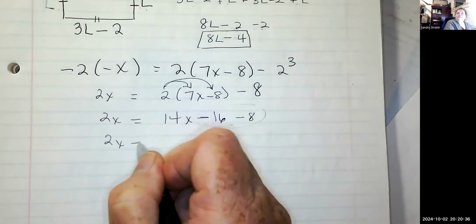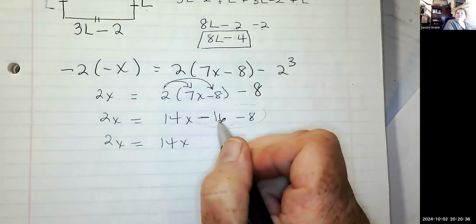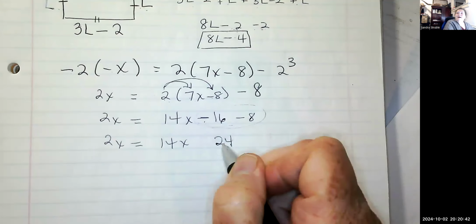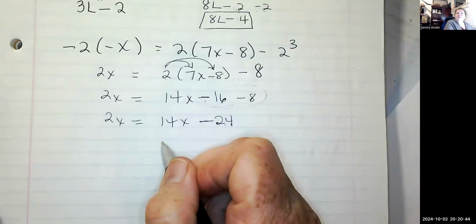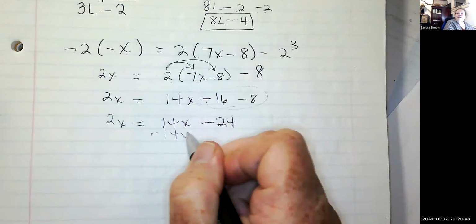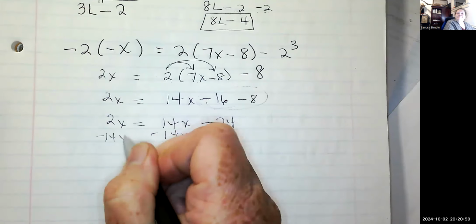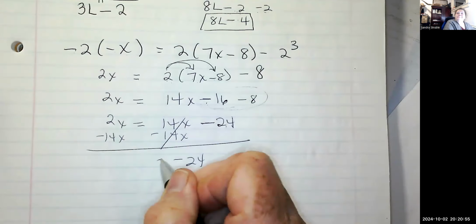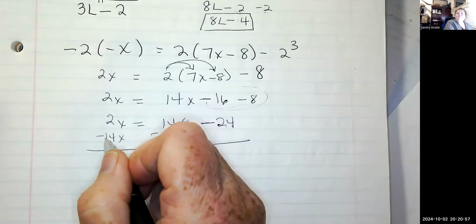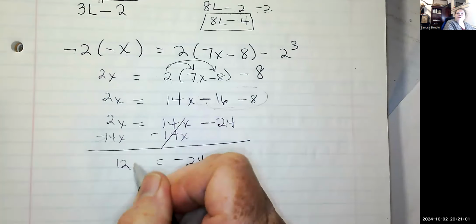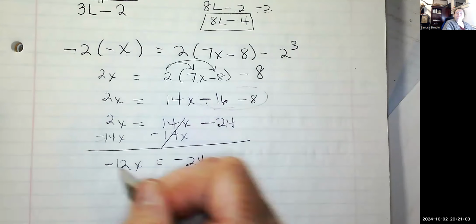Bring down the 2x. 16 and 8 is 24. The signs are the same, so you add and keep the common sign. I'm going to get the x's together, so subtracting 14x from both sides. The signs are different, so we subtract and take the sign of the larger number. That's 12x, and it's got to be a negative.